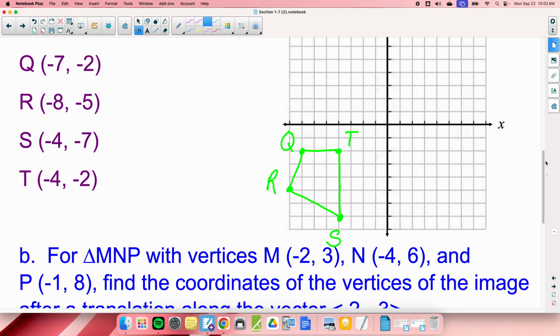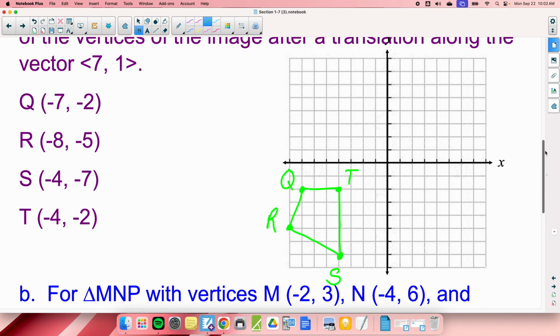Okay? Now, you always have to look at what vector you're moving things. Okay? So, if you have a +7, you always go left or right first. Which way do you think I'd go? Right. 7, right? And if 1 is positive, which way would I go? Up 1. So from every point, you guys, you count 7 to the right and 1 up and put your new point.